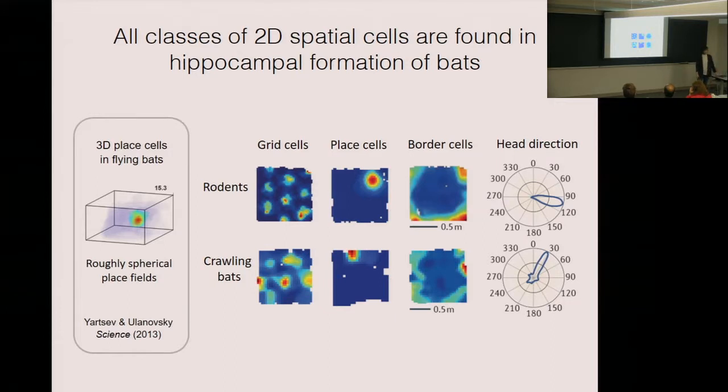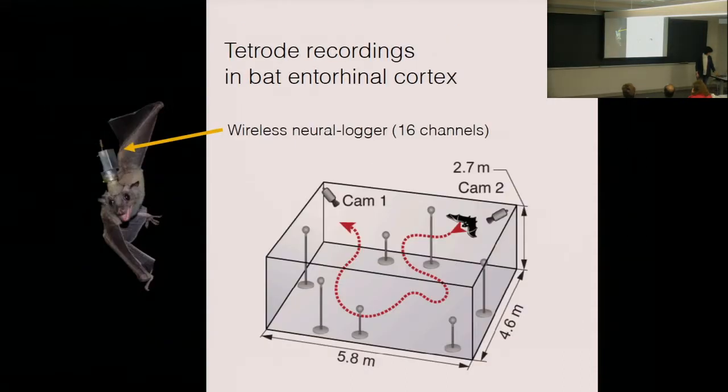Now we want to know what grid cells look like and what border cells look like. For that, we do tetrode recordings in the bat entorhinal cortex. We use a wireless neurologger mounted on the bat's head, so it's just flying around without any wires connected, and it stores the neural data on board.